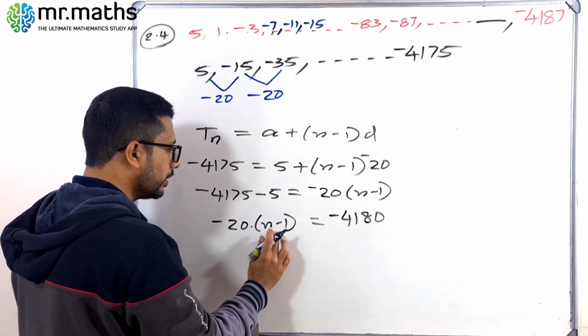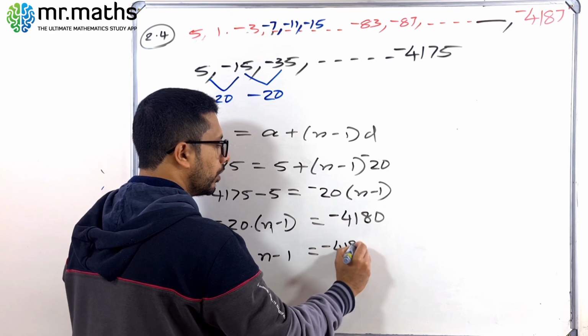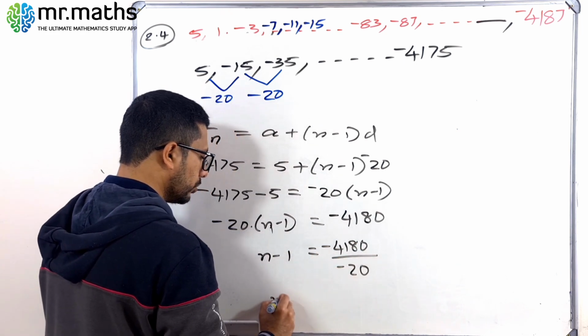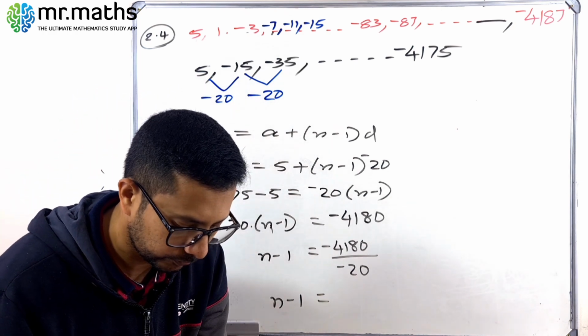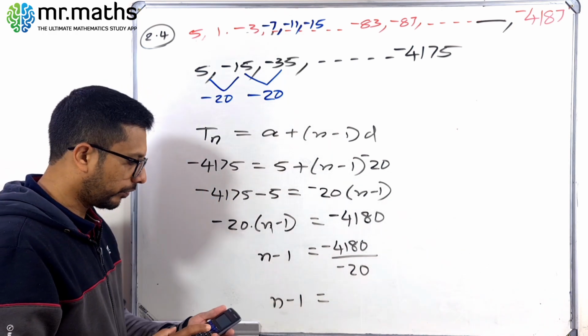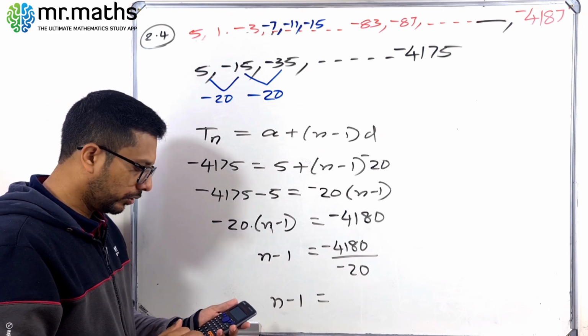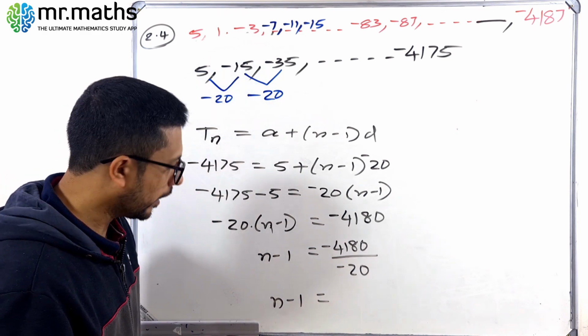So n minus 1 is equal to minus 4180 divided by minus 20. So n minus 1 is equal to 4180 divided by 20. So it is 209.